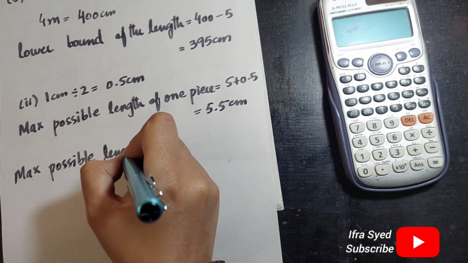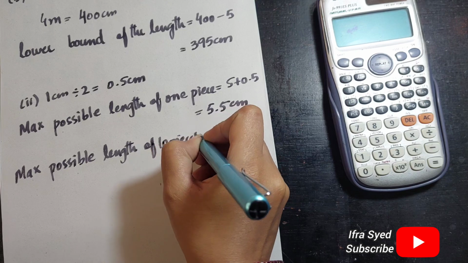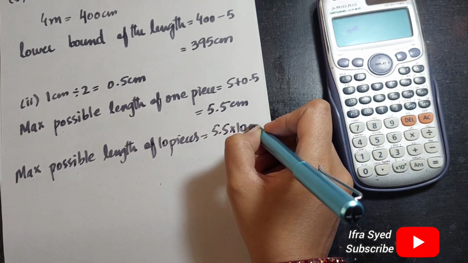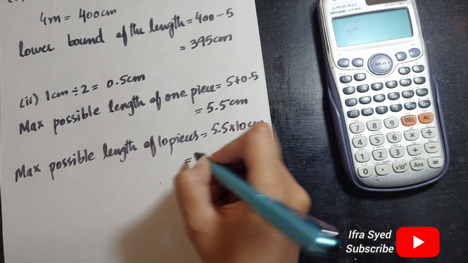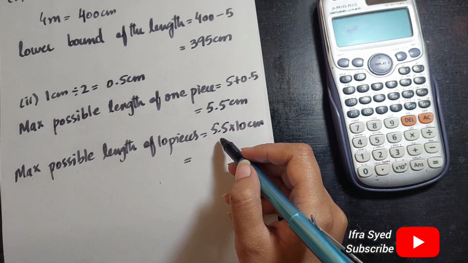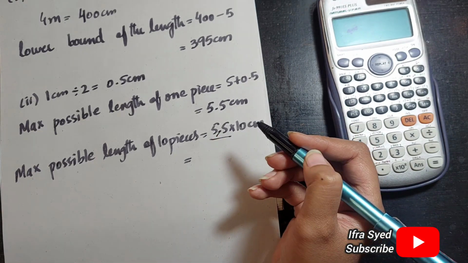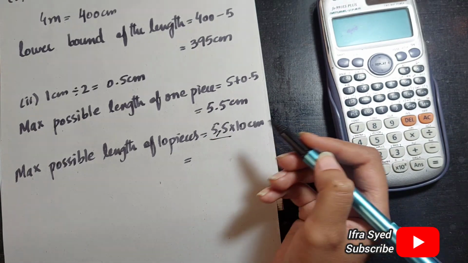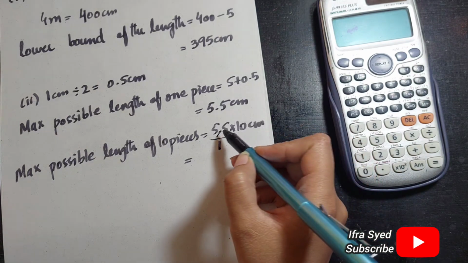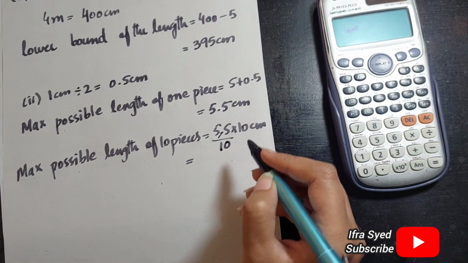And maximum possible length of 10 pieces will be equals to 5.5 multiplied by 10, and the unit is centimeter. So when we multiply this 10 to 5.5, we will remove this decimal point from here by simply writing 1 under this decimal point, and as you see that we have one digit after this decimal point, so that's why I'm writing 10 here.